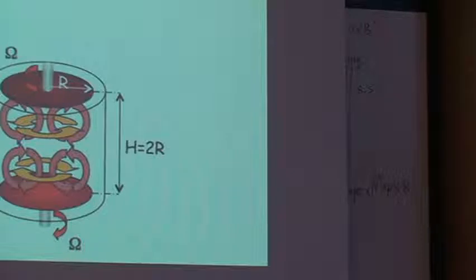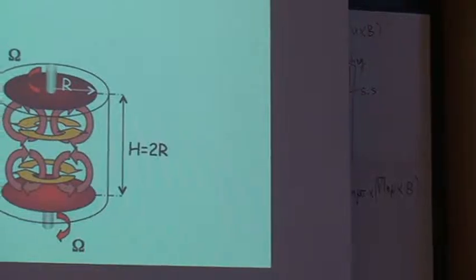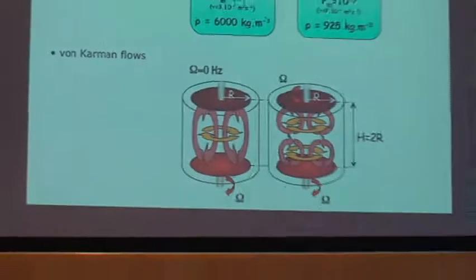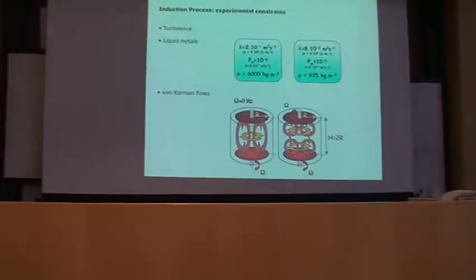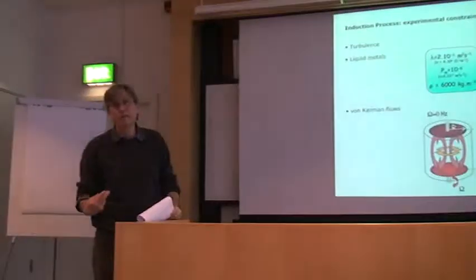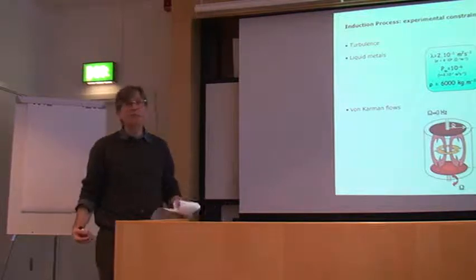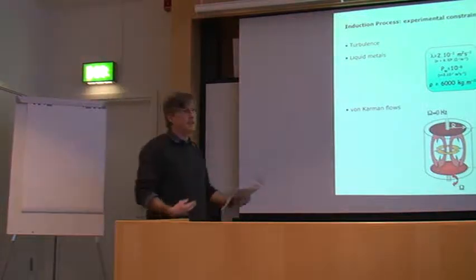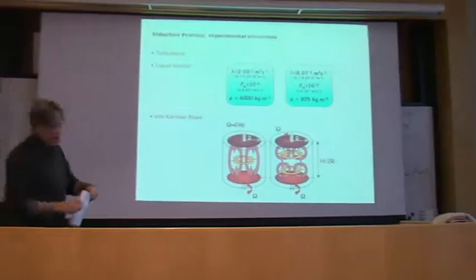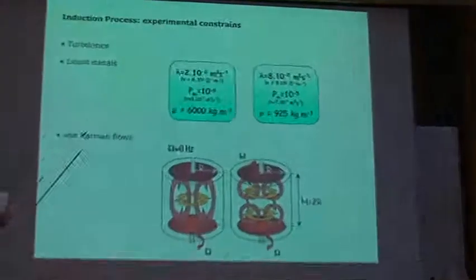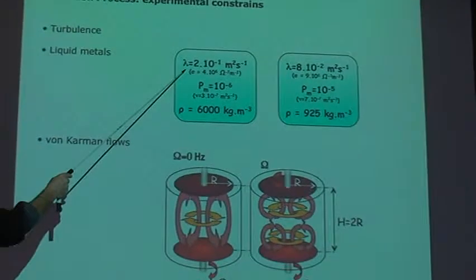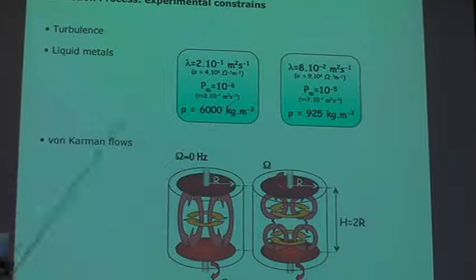One of the major advantages of plasmas would be that the magnetic Prandtl number can go up to 1, whereas in all liquid metal experiments, the magnetic Prandtl number is incredibly small. This is gallium, and this is sodium.